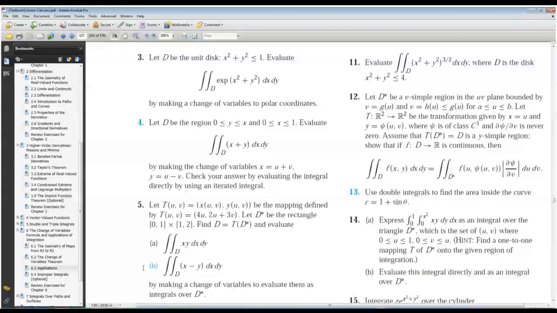That's for u, the upper bound. What about for v? I think it's 1. V equals 1 minus 0. Okay.